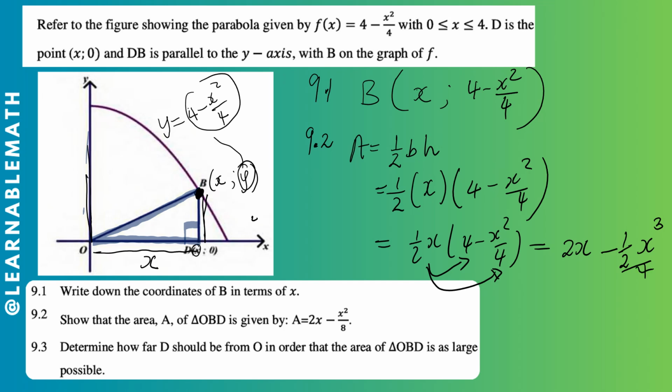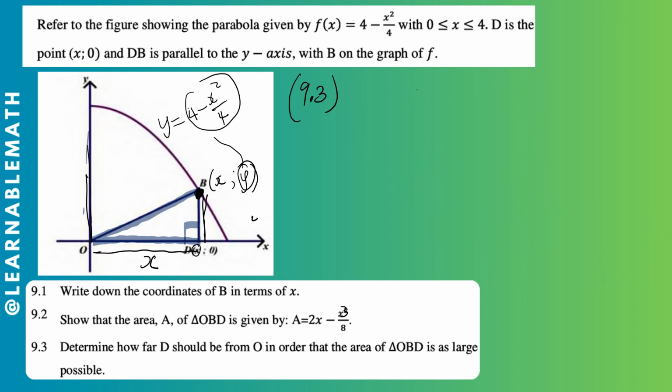Basically that will be 1 over 2 times 4, which is 1 over 8, x exponent 3. So that will be your area. I think they just made a slight mistake here, because that should be x exponent 3. If you check, it's x times x squared, so there might perhaps be a slight mistake on their side. Okay, let's go to 9.3.